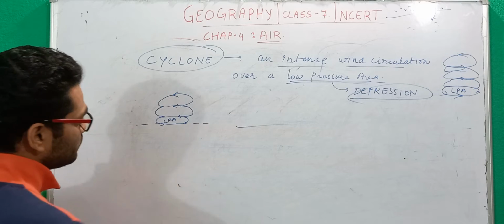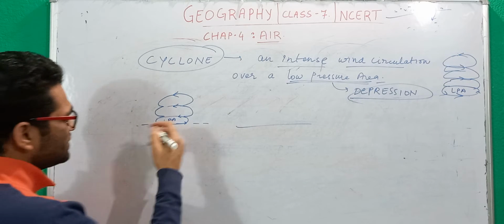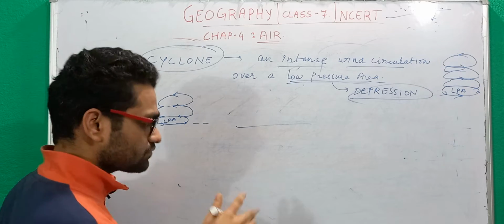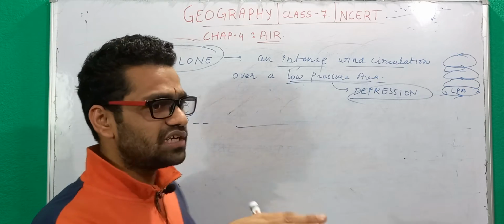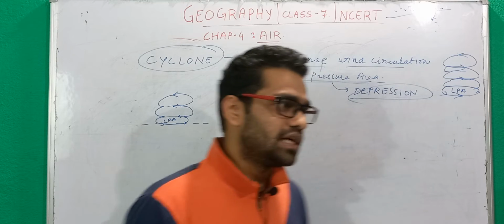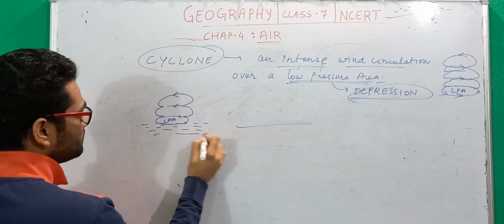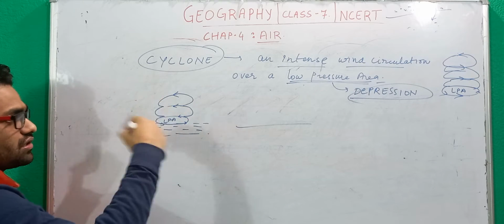In this fashion wind will flow, and low pressure area is created where the temperature is very high at the surface. So the sea surface temperature is very high, so the winds are ascending like this.